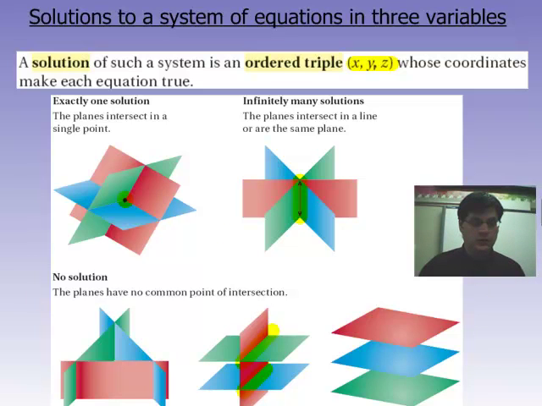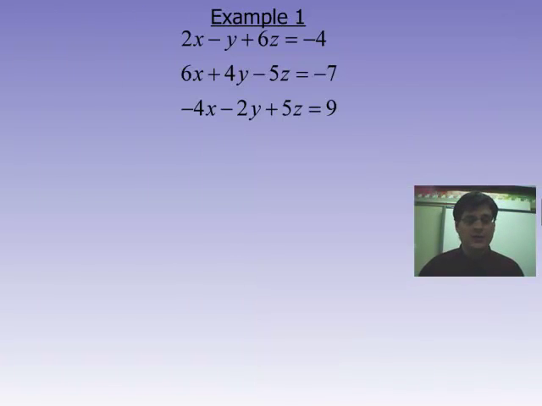So let's take a look at how we would solve these. Now, graphing those is very difficult, and we're not going to be able to graph them in 3 dimensions. That's a little bit beyond our ability at the moment. It's a lot easier to solve it algebraically. Because you have three variables, you need three equations.